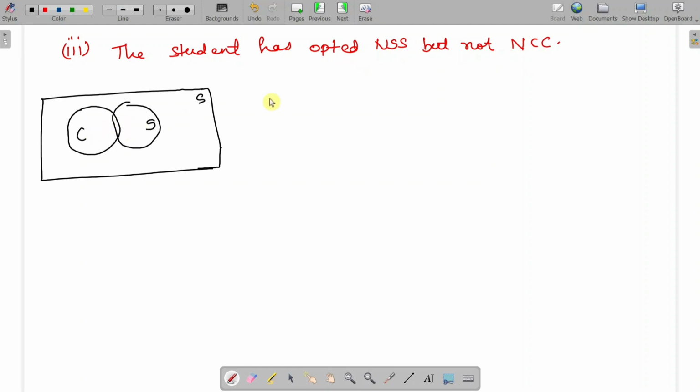That means we have to find this set, C complement intersection S. If you look at C complement, that means outside of this set here, so that means this area. This region is C complement, right, in intersection with S.